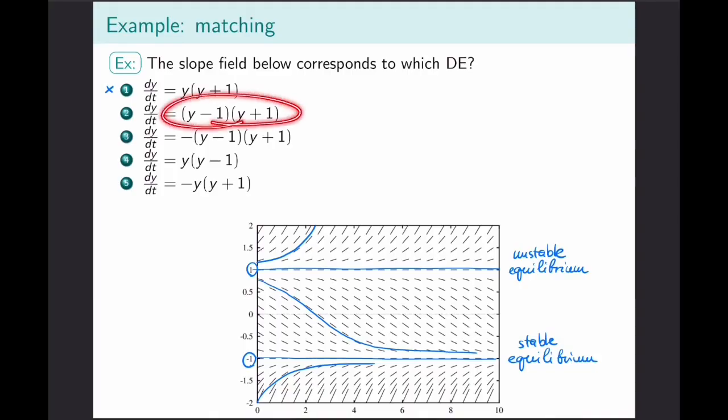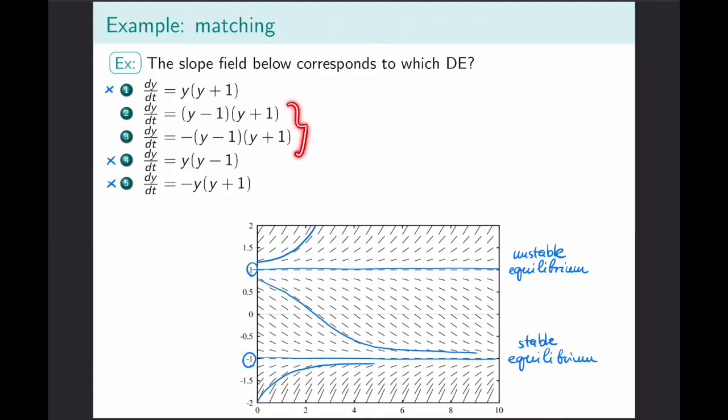Take a look at the next one. If I set this to be 0, I will precisely get 1 and -1, so this is still a candidate for my slope field. Same with this guy here. 1 and -1 are zeros here, and therefore equilibria, which means that this is still a candidate. Whereas for the other two, I'm going to get y equals 0 as the steady state, which is not the case in this particular slope field. So these two differential equations are out.